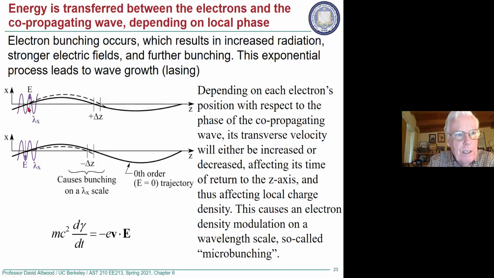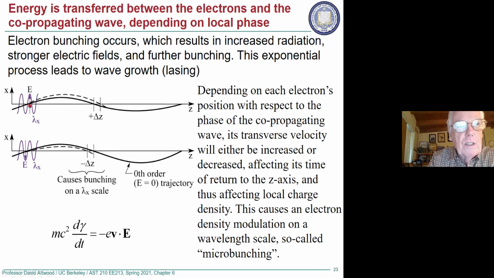But there's a bunch of electrons here. For the electrons that happen to be lined up with the electric field of our little imaginary, or just prototype, wave that's just starting, for the ones that are lined up with the positive electric field at its peak, they get an electric field kick in the Lorentz force.